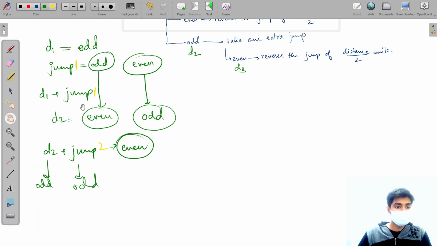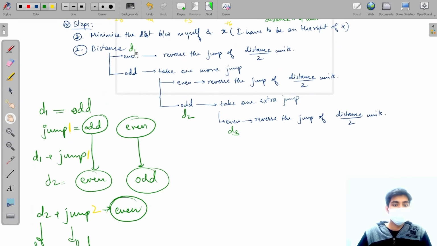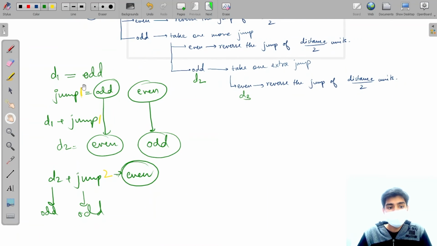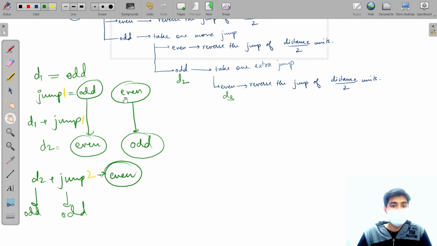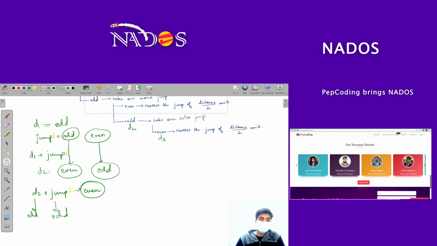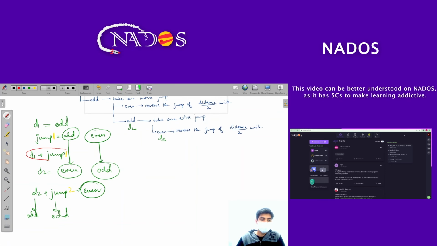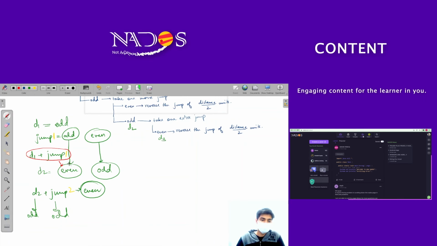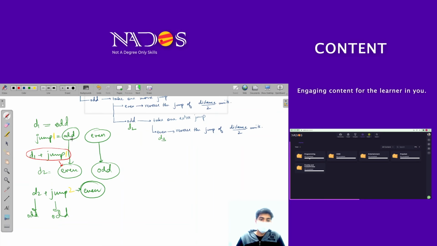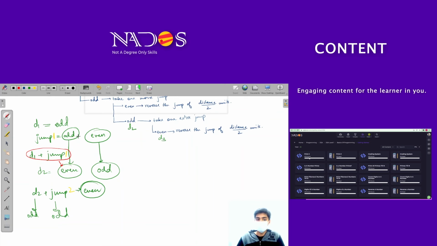So what is actually happening? If my d1 comes out to be even, I already know how to solve this. But if my d1 comes out to be odd, then I will take one more jump. Now that jump can be either odd or even. If it is odd, then d1 plus jump 1 will give me even as an answer, because odd plus odd is even.